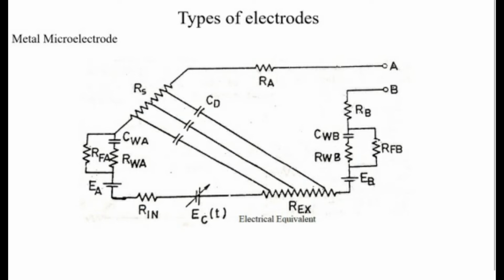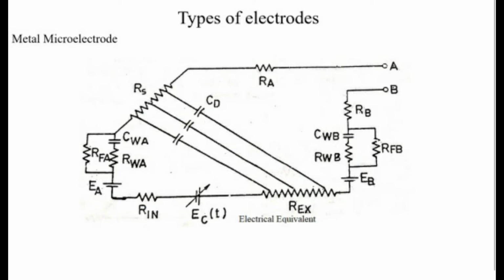RIN is the resistance of the intracellular fluid. Similarly, RB is the resistance of the wire connected to the reference electrode, which is negligible. RFB, RWB, and CWB constitute the impedance of the reference electrode extracellular fluid interface, and REX is the resistance of the extracellular fluid.